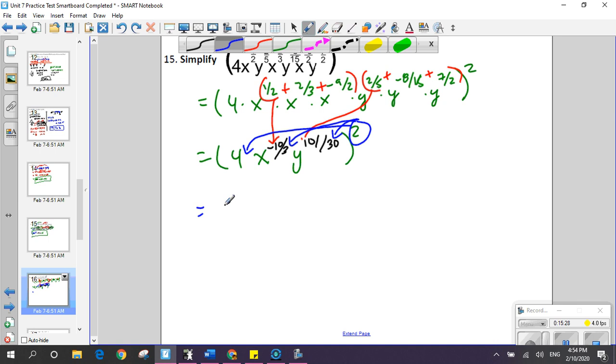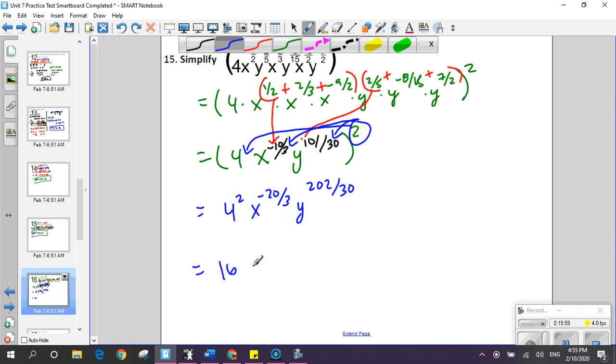So when I multiply it, I will have 4 squared x to the negative 20 over 3 and y to the 202 over 30. If you can reduce, reduce. If you cannot, don't worry about it. 4 squared is 16. I can handle that.